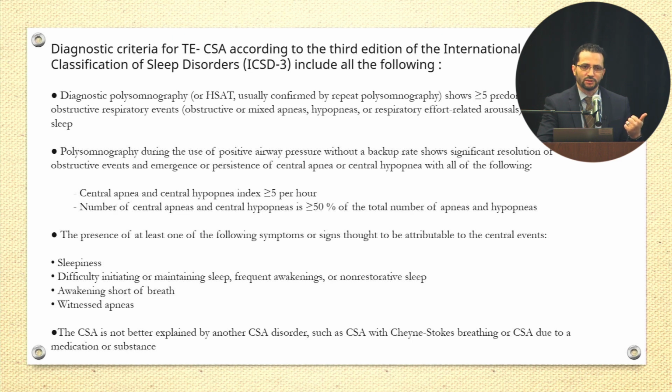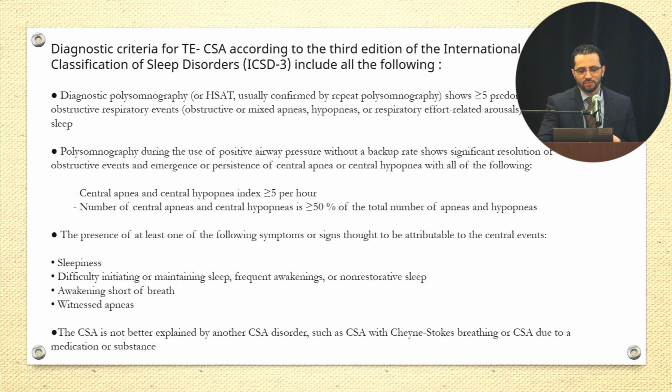You need somebody who is diagnosed and confirmed to have obstructive sleep apnea, and the patient starts to have centrals when you try to correct those obstructive apneas. The central apnea and hypopnea index is more than 5, and the number of central events is more than 50% of the total events.